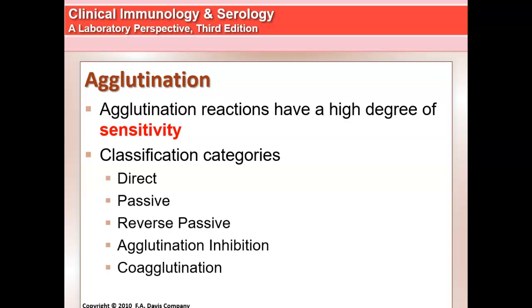Agglutination reactions have a high degree of sensitivity, and there are different classifications of categories of agglutination reactions, and we're going to talk about each one of these: direct, passive, reverse passive, agglutination inhibition, and co-agglutination.